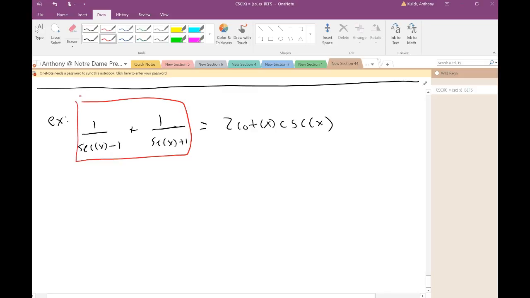Me personally, I would make a common denominator first and then look at what I have before I start applying other identities. So what will that common denominator be here? It's going to be secant x plus 1 times secant x minus 1, right?